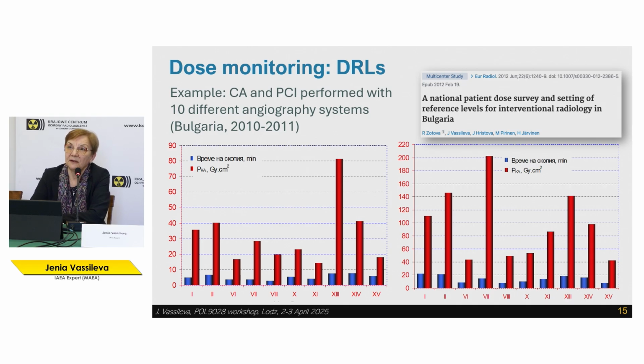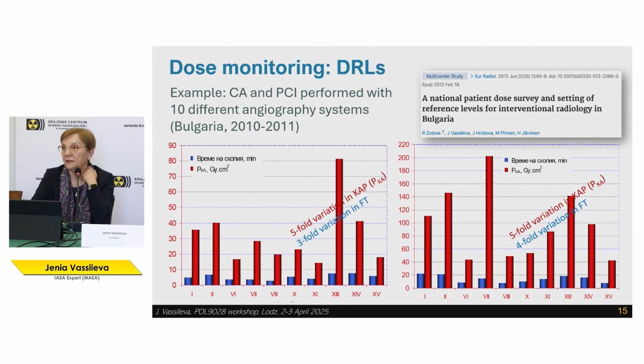Red bars are DAP, dose area product. Blue bars are fluoroscopy time. And you see that for the same procedure, median doses vary quite significantly, 5-fold for DAP, 3-fold for fluoroscopy time, and similar variations for PCI.